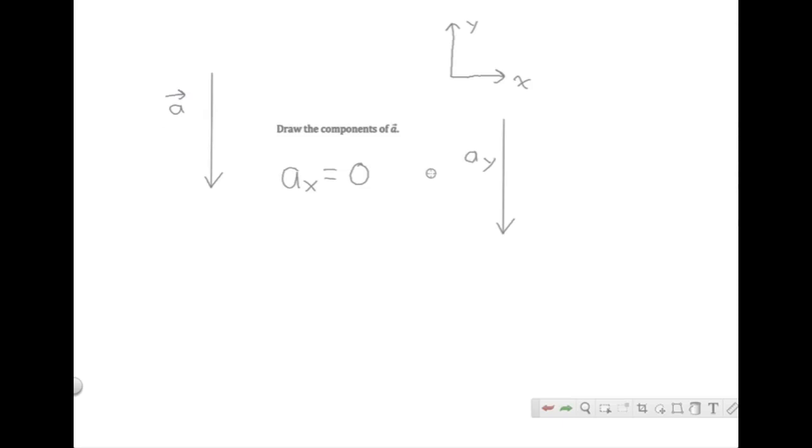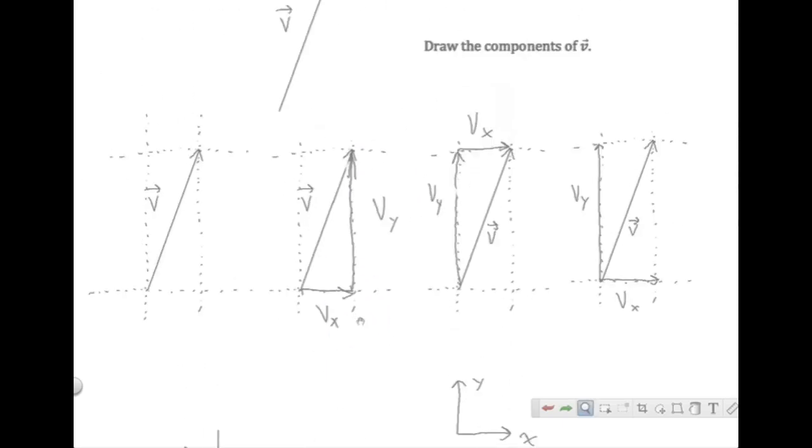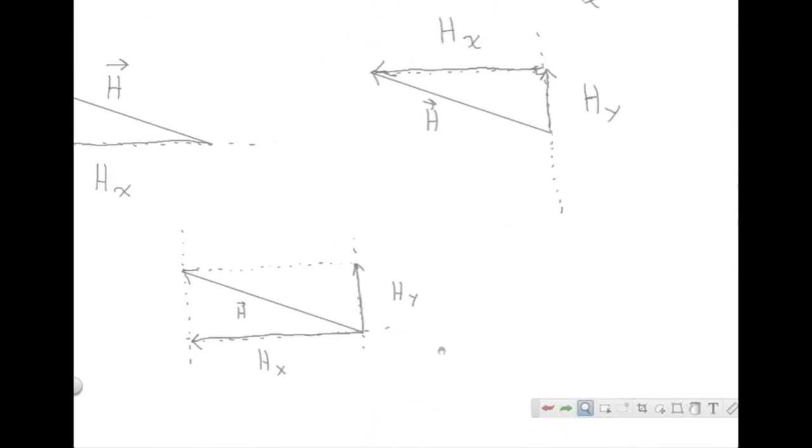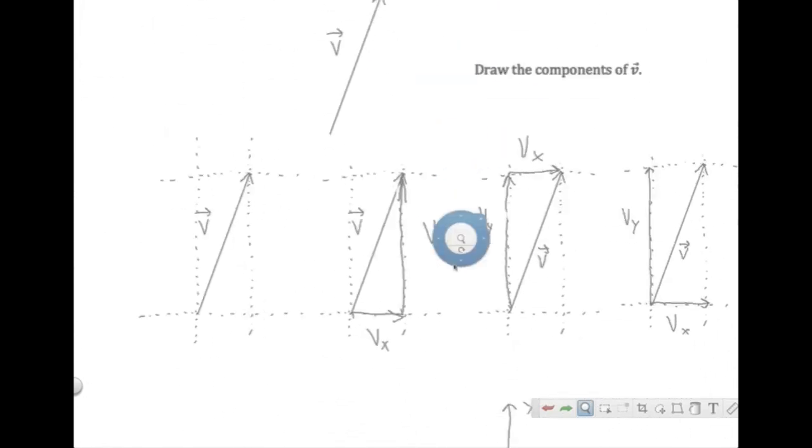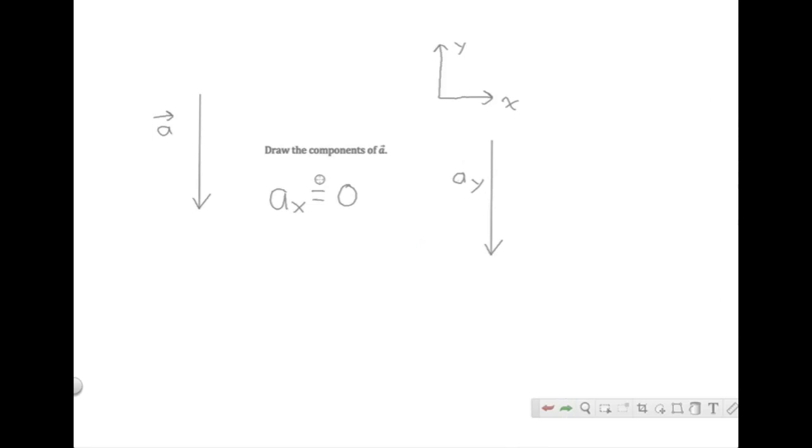Okay, so notice that in this case we don't use the reference line method or the right triangle method. If you tried to draw a right triangle in this case, you might have gotten confused. It's much simpler. When a vector is already parallel or anti-parallel to an axis, it's much simpler to find and draw the components. One component is 0, and the other component is the same as the overall vector.